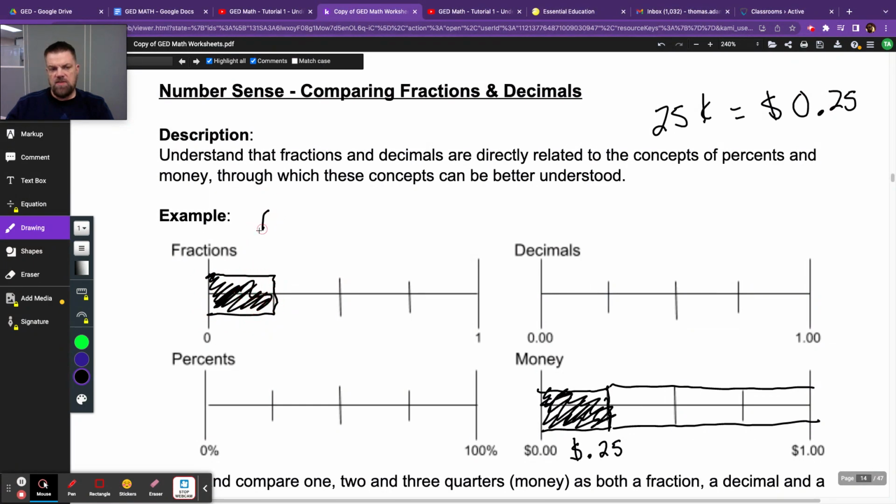Okay. So as a fraction, that's 1/4. We'll circle back to that in a second. If I think of it as a decimal, it's literally 0.25, which is basically the same thing.